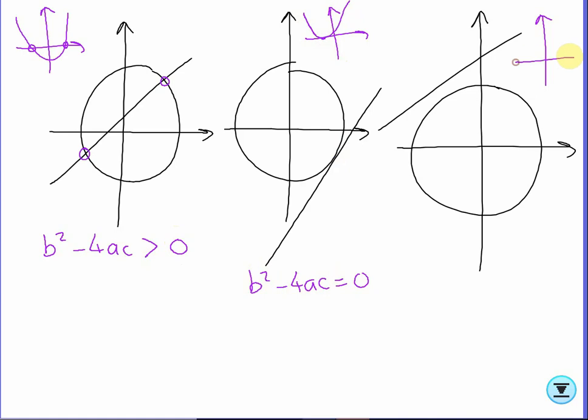And last but not least, where before the discriminant gave no roots, here we have a problem of no solutions, so b squared minus 4ac is going to be less than 0.